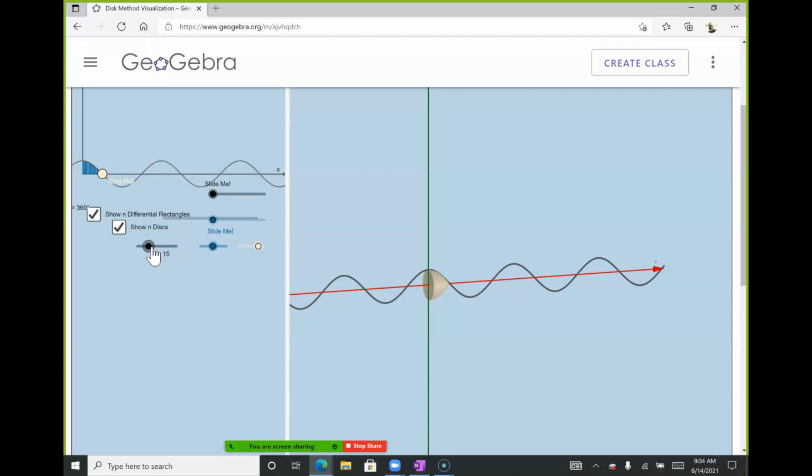Just like when we did integrals with area. So there's a little bunch of drag things on here for you to experiment and to get a better understanding of what's going on, right? So play around with those for sure.